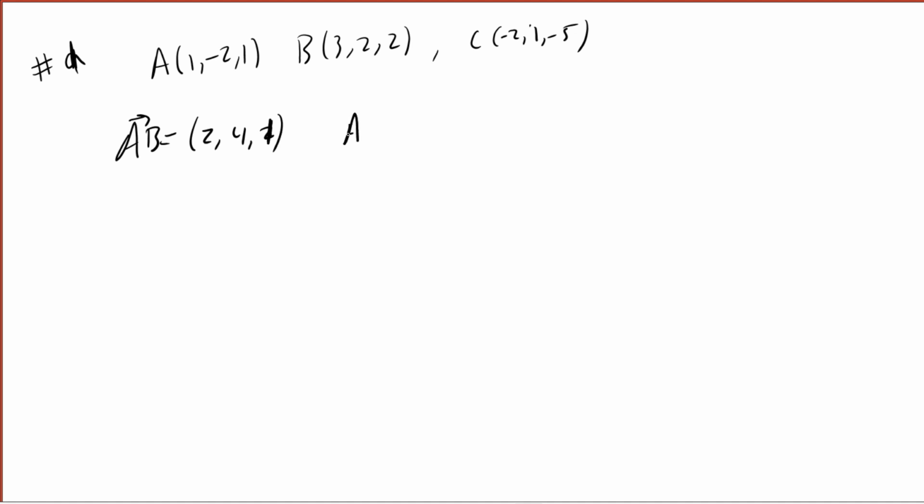We have the vector AC, which is minus 3, 3, minus 4. And then the vector BC.